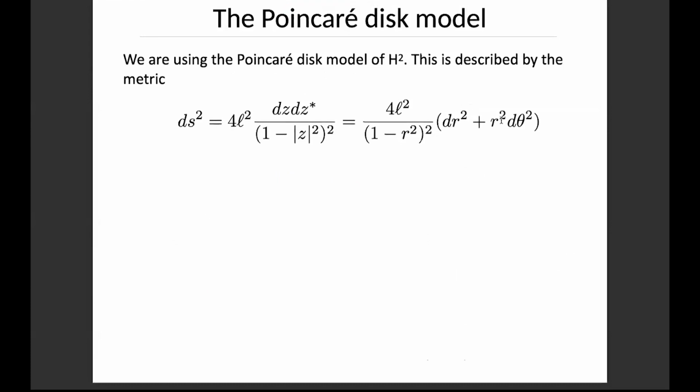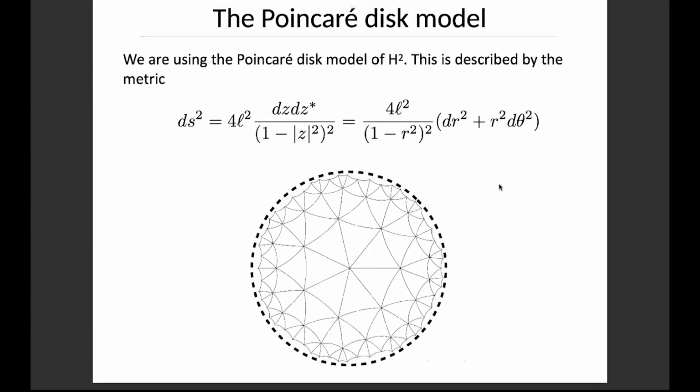All I want to point out is that you have basically the metric for a circle, and then some funny factor out front. As we're tiling an infinite space, anti-de Sitter space, in this coordinate system the boundary at infinity is now at r equals 1, at this unit radius.